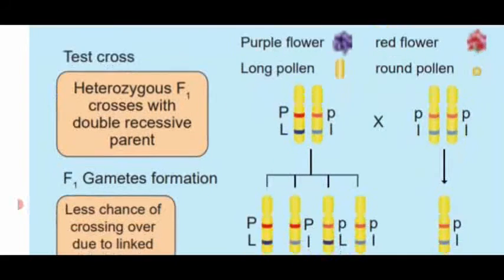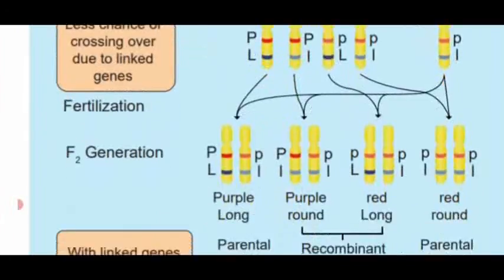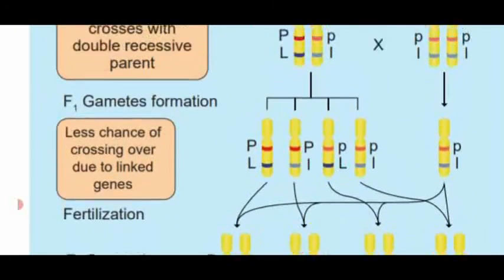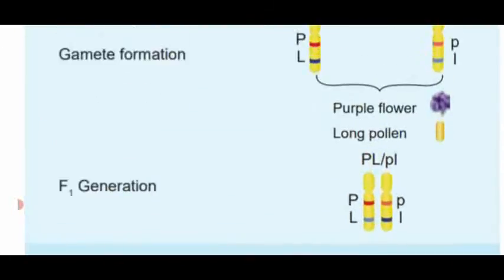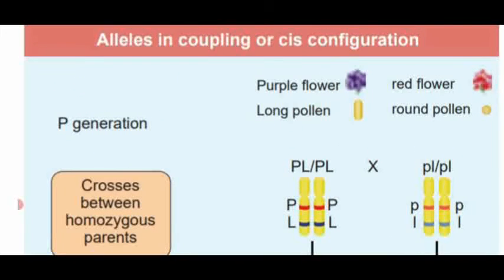Dear students, I hope you have all understood what coupling or cis configuration is with the help of the diagrammatic representation. This coupling reaction was proved in the sweet pea Lathyrus odoratus by two scientists, Bateson and Punnett.